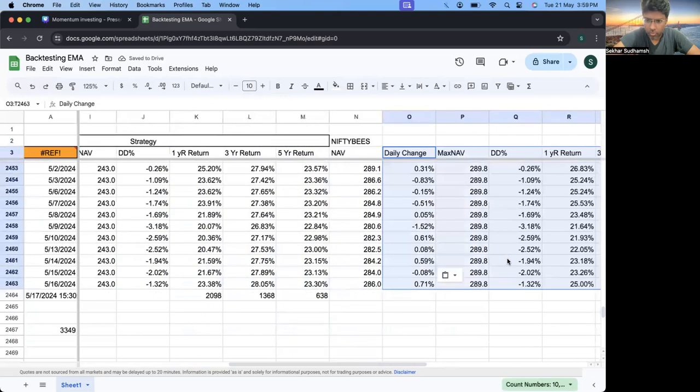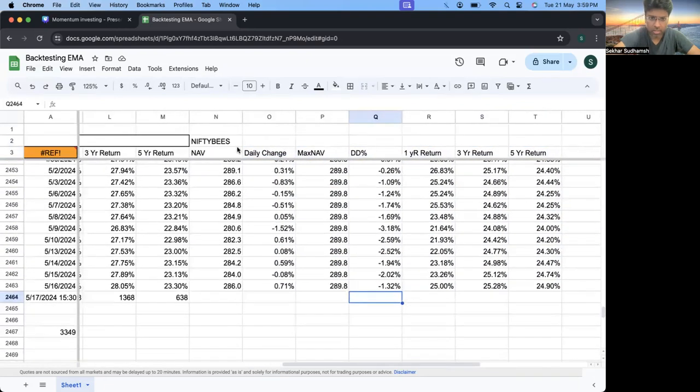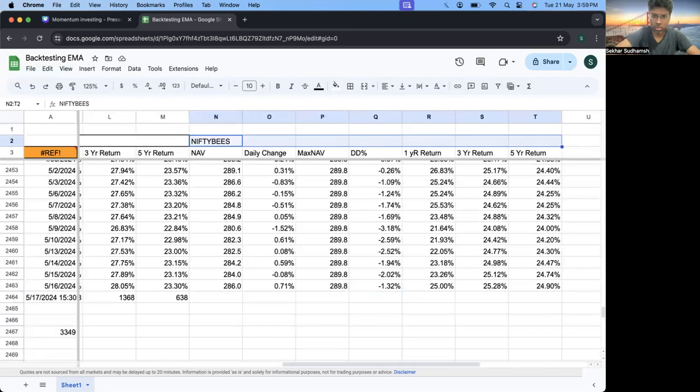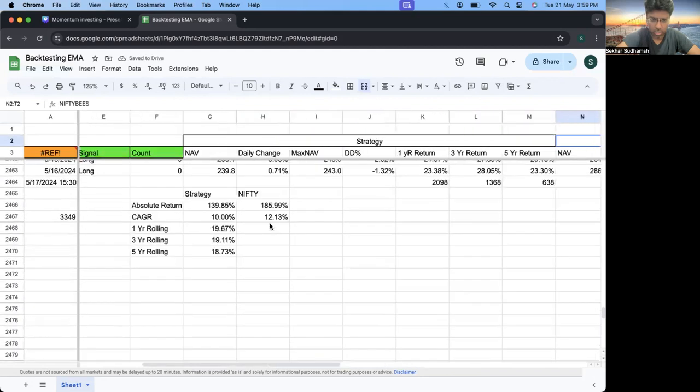All right, done. So that has given me the data for NIFTYBEES. So I'll use this data to calculate the benchmark returns. So I've shown you the CAGR and the absolute return.